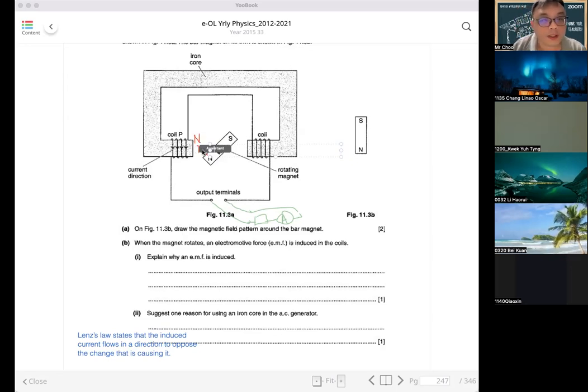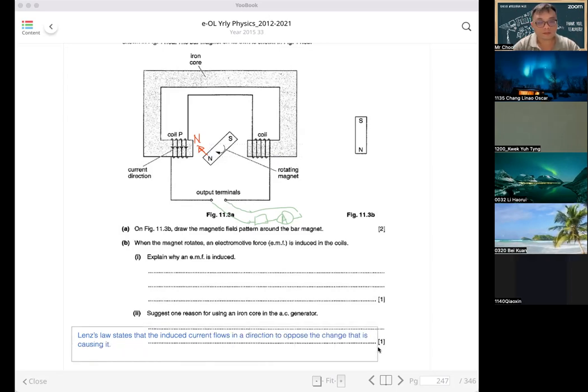So it needs to be north here. For this to be north, the induced current will be in this direction. Are you clear about this?